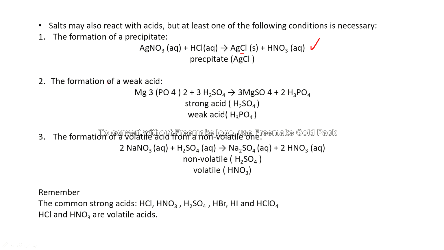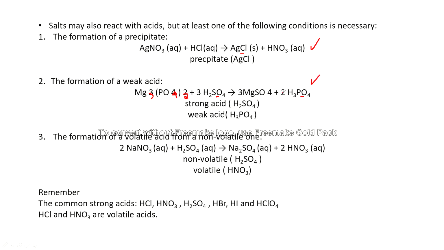Condition 2, the formation of a weak acid. We have a strong acid reacting with one salt, and at the end we have phosphoric acid, that is a weak acid. So a weak acid is formed during the reaction of a salt and a strong acid, condition fulfilled.